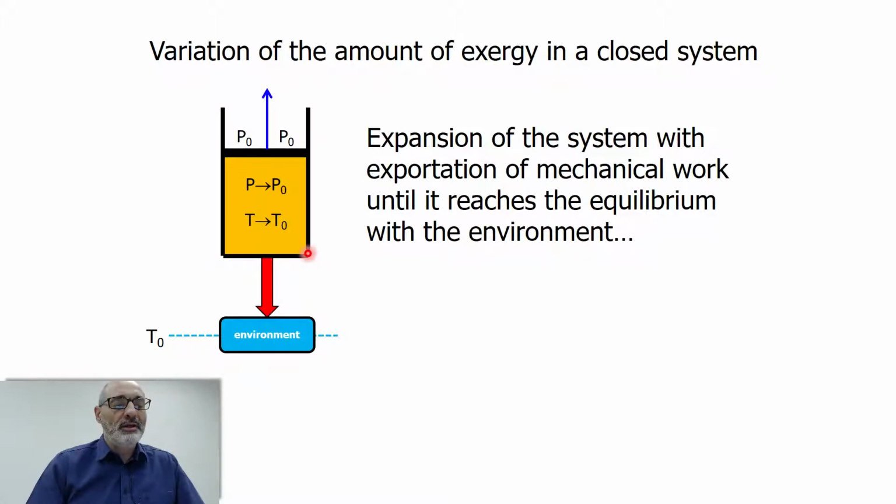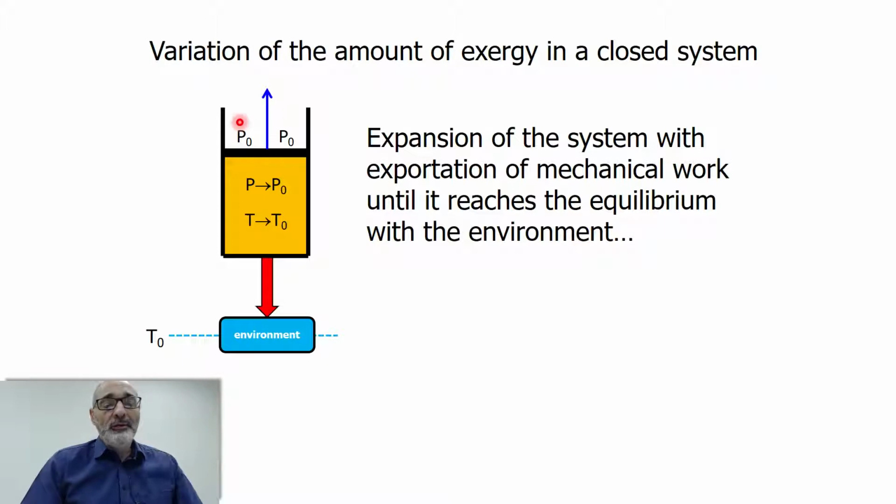This confining surface may be the cylinder and the piston, and the system is this orange substance here. This system is at a high energy state, at a high pressure P and a high temperature T. The environment is at T0, and the pressure of the environment is P0.